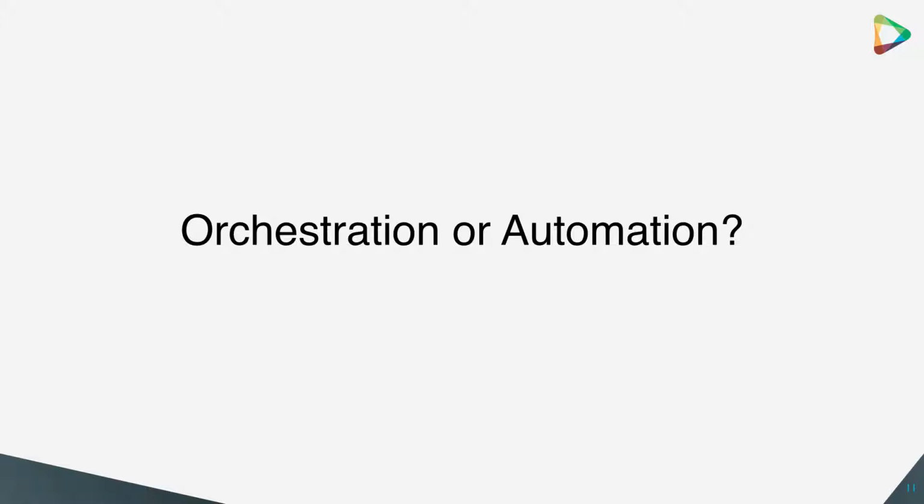Okay, so one of the things that we usually see when we're talking orchestration and automation, I mean these two words fit neatly into VMware products, as Mads will come into later.